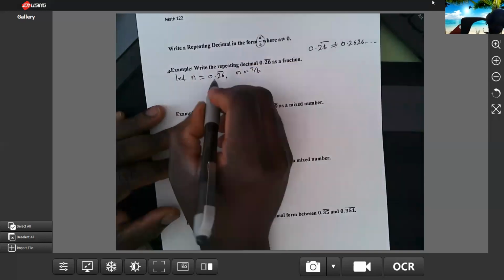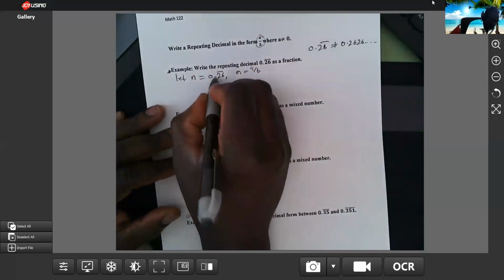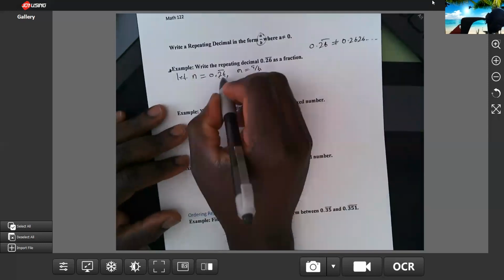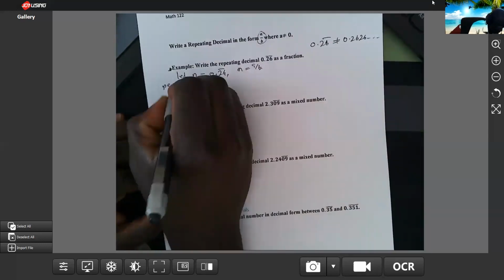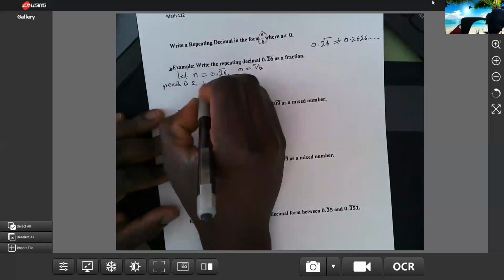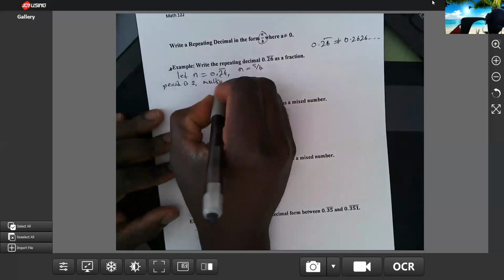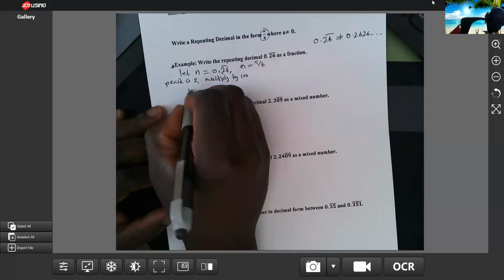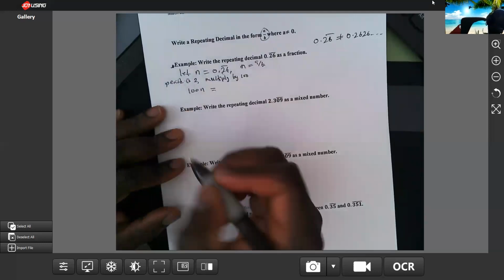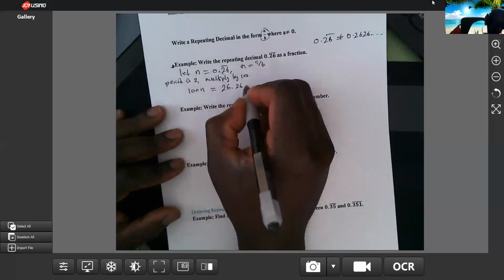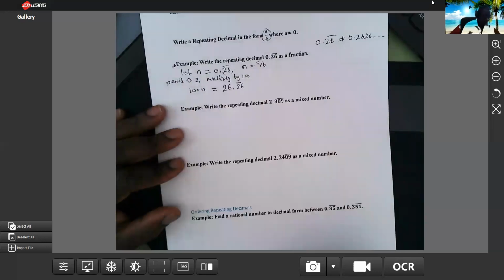Because the period is 2, you multiply by 100. So you get 100n equal to 26.262626.